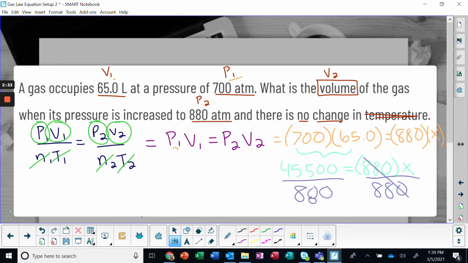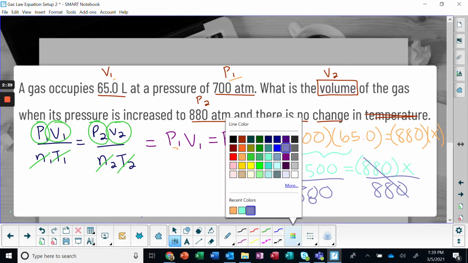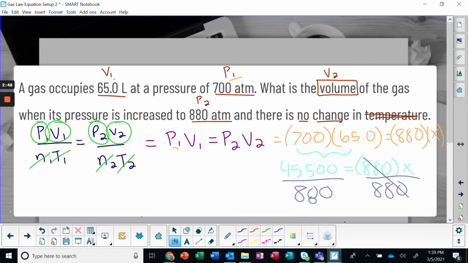And then we are going to round to 3 significant figures according to this problem. So when you round to 3 significant figures, we're going to get 51.7. So x equals 51.7.